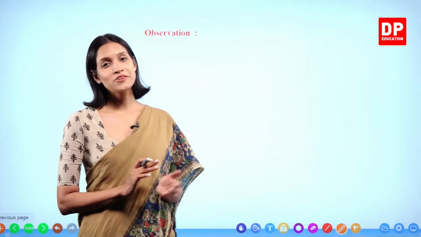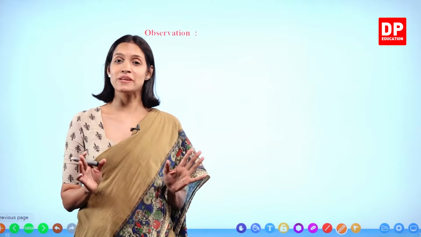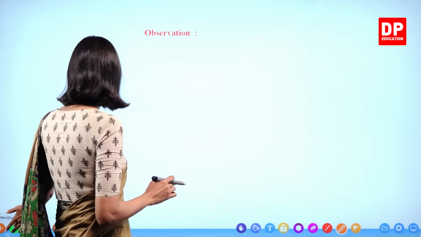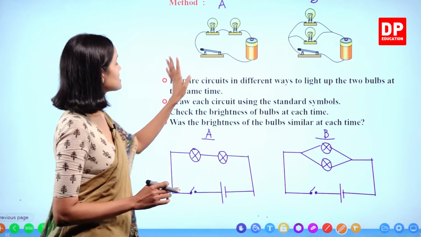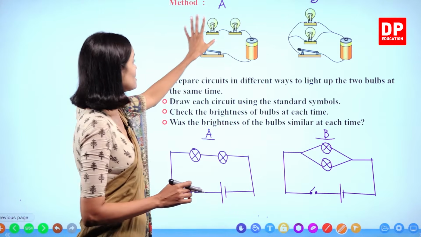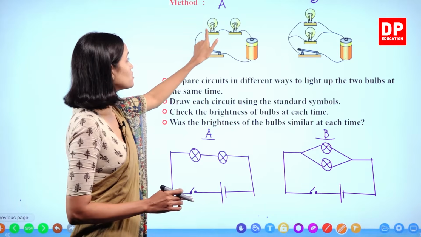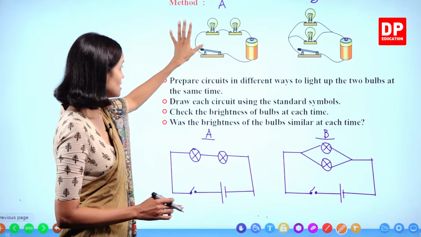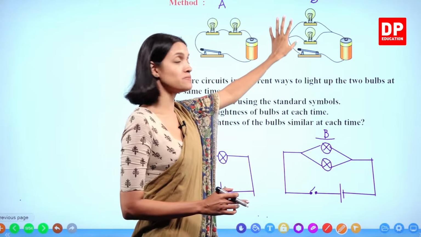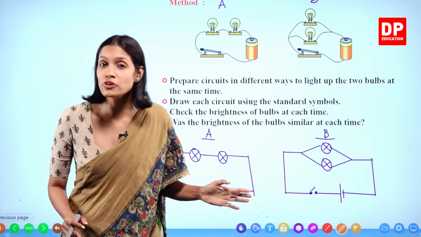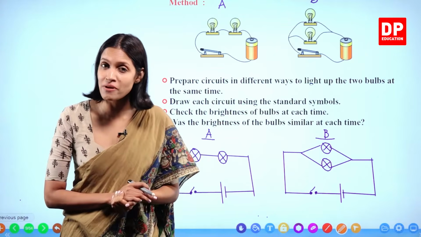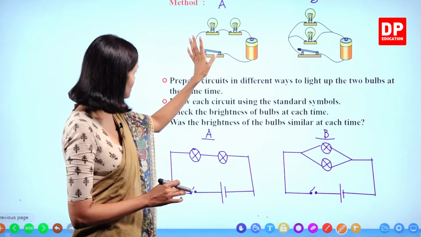Right, children? So you observed the experiment when I was explaining. Do you remember what happened, children? So in the first instance, we connected the circuit like this. Two bulbs are in the same line, or the series method. Here, the two bulbs are parallel to each other. Do you remember what happened to the brightness of the bulb, children? I hope it was very clear.